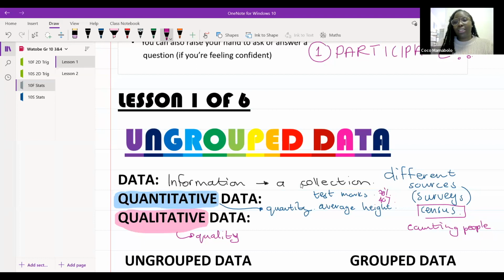When we talk about quality or qualitative data, we're looking at the idea that we need to put together what it is that you like. So other people said Sprite, other people said Coke, other people said Prime, although I don't like kids drinking Prime. Other people said juice, other people said Fanta, right? So when it comes to the difference between quantitative data and qualitative data, quantitative will have different numbers all across the board.